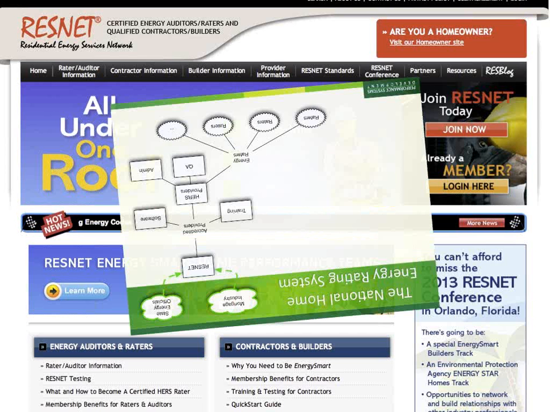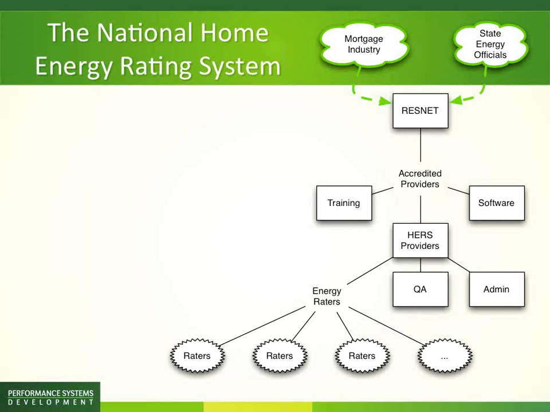And in fact, a little bit of history here: the mortgage industry and the state energy officials in the 90s helped form RESNET as a way to start to quantify efficiency in a better way than the codes were, or than the appraisal industry was able to support mortgage people.